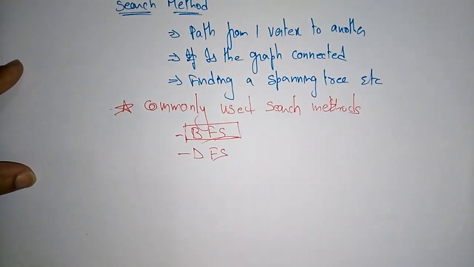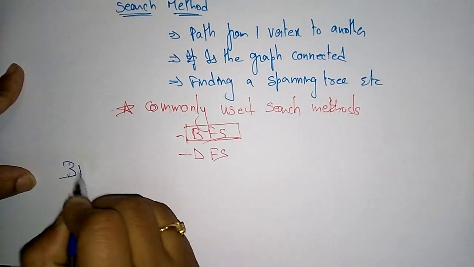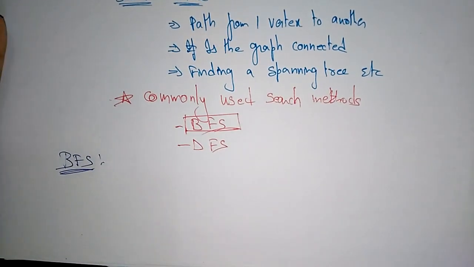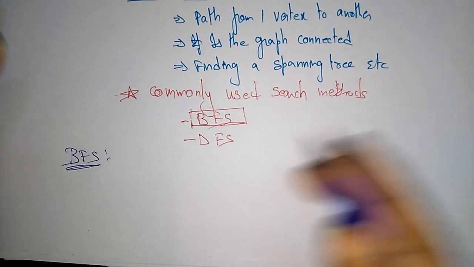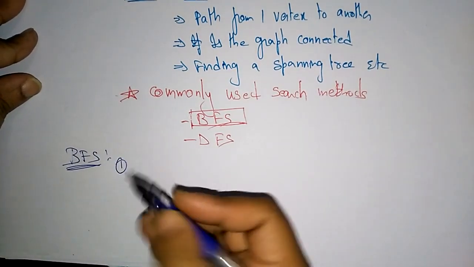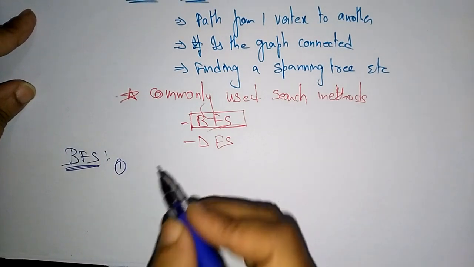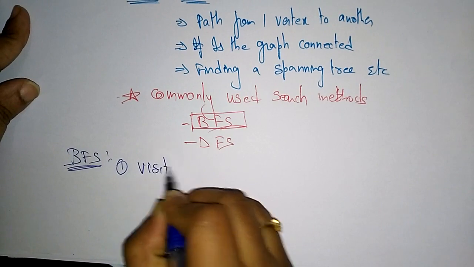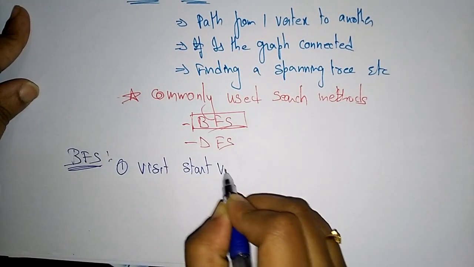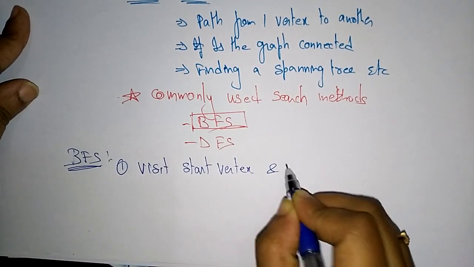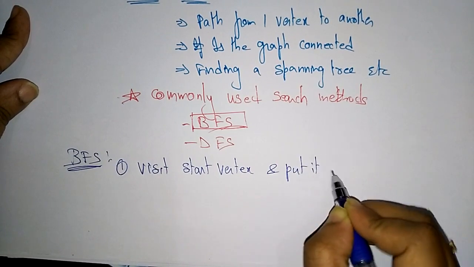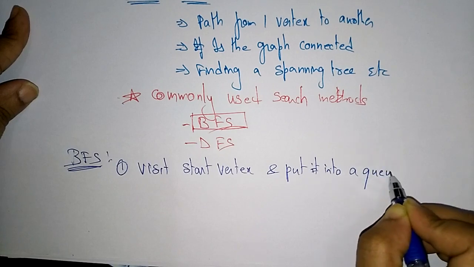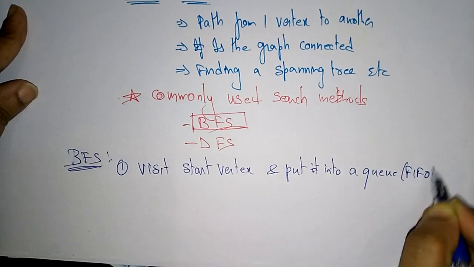So let me write BFS, breadth first search. What we are going to do in this search algorithm? The graph consists of some edges and vertices. First visit the start vertex and put it into a queue, that is by using FIFO, first in first out.